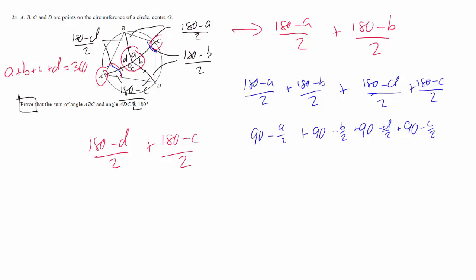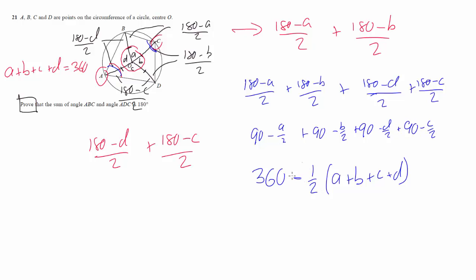So altogether I've got 90 plus 90 plus 90 plus 90, which is 360. And I'm minusing away from that, and I'm just going to put brackets in, a half of A plus B plus C plus D. So I've taken the half out of each of these and put it in front, taken the minus out of each of those and put it in front.